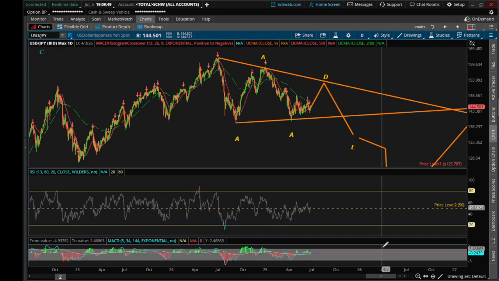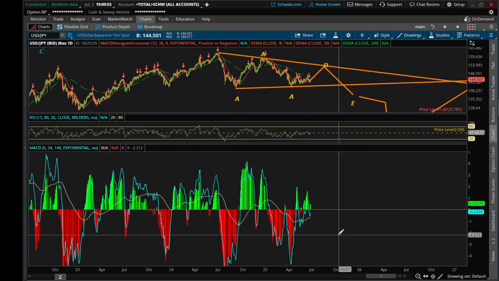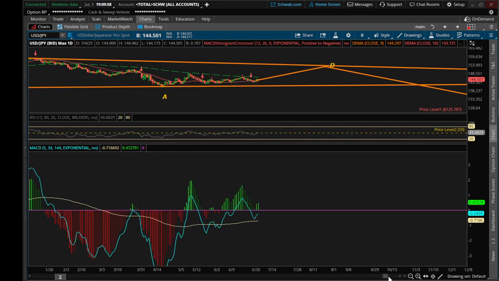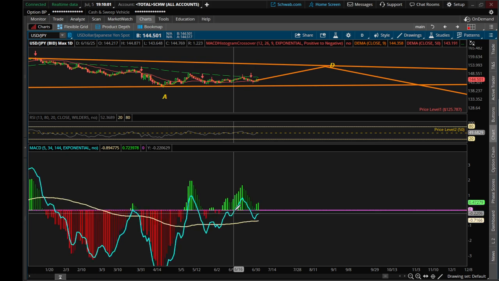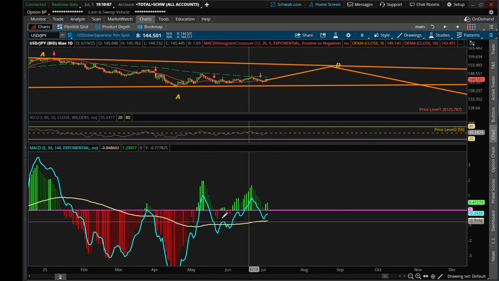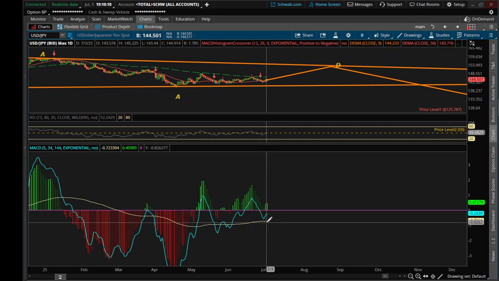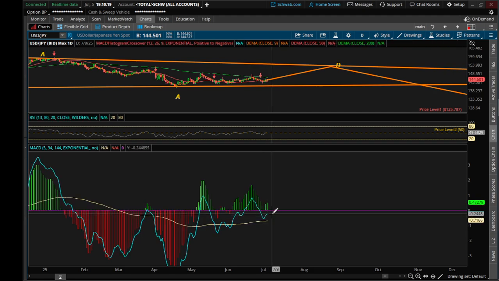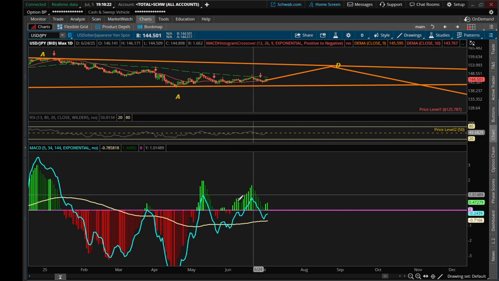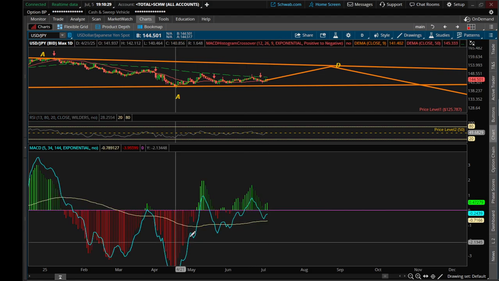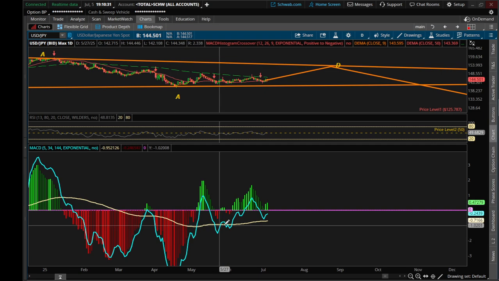So let's look at the MACD here real quick. Yeah, small momentum here. Bearish though, overall bearish. Signal line is below zero, the fast moving average is below zero. And we've got some small momentum moves here on the momentum bars relative to our bearish ones.